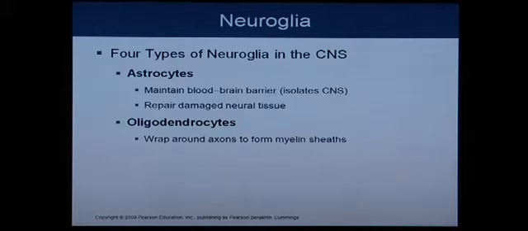So astrocytes help maintain that, to isolate the central nervous system, and they will help repair damaged neural tissue. The oligodendrocytes are there to help myelinate, or insulate, the axons. We'll take a look at what myelination looks like in just a minute, so hold that thought.